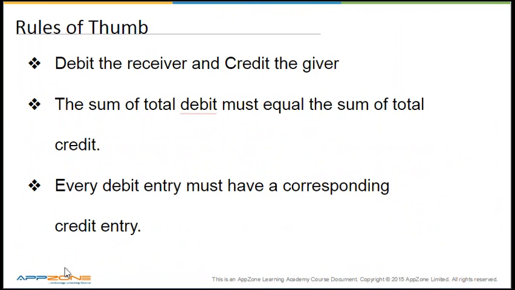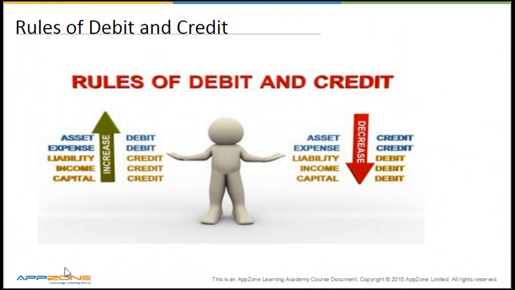We'll now be moving forward to the rules of debit and credit. Remember, I said in our earlier class that we have five pillars in accounting: assets, expense, liability, income, and capital. We had established that fact earlier.